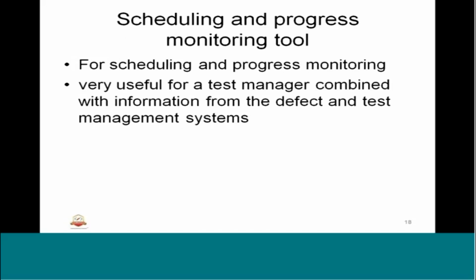And in terms of scheduling and all that, they use different types of tools such as MPP and TestLink, Bugzilla, whatever it is, can be used in addition to the scheduling. This will help test management and progression of the embedded software testing.